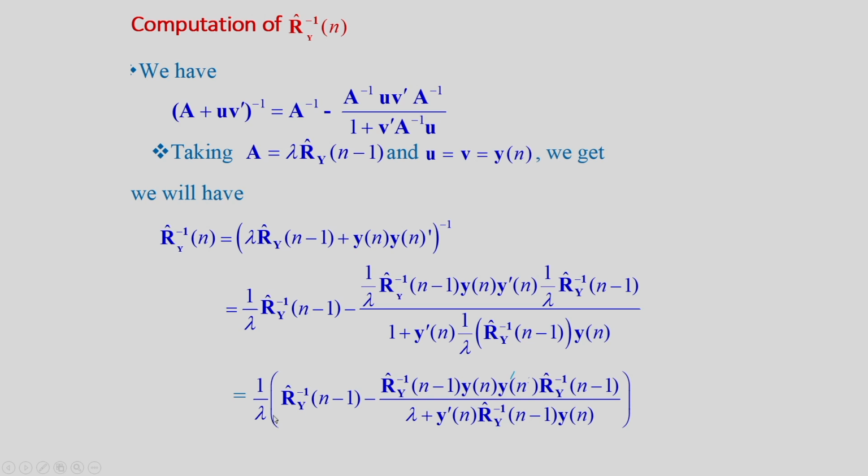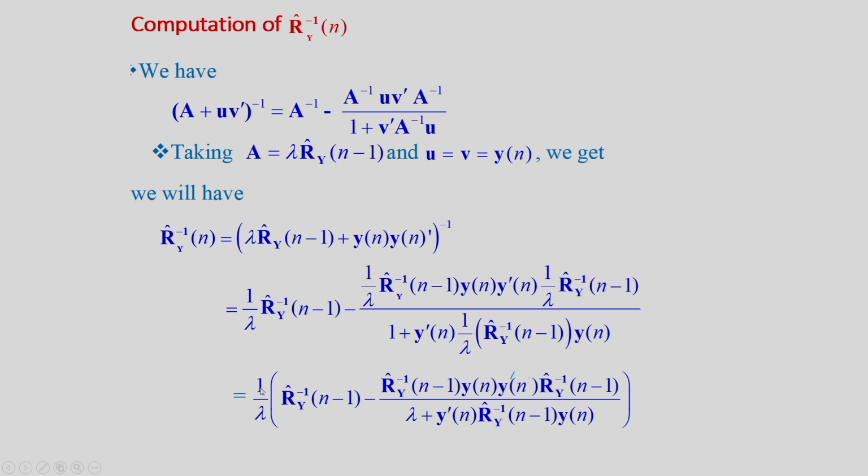So, we get 1 by lambda into Ry hat inverse n minus 1 minus Ry hat inverse n minus 1 into yn transpose into Ry hat inverse n minus 1, divided by, if we multiply by lambda, the denominator will be lambda plus yn transpose into Ry hat inverse n minus 1 into yn.